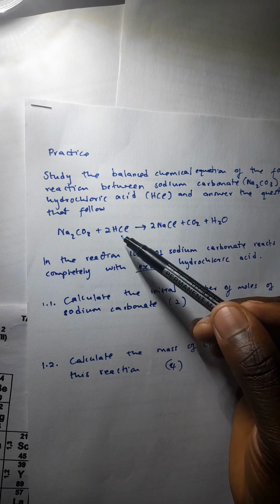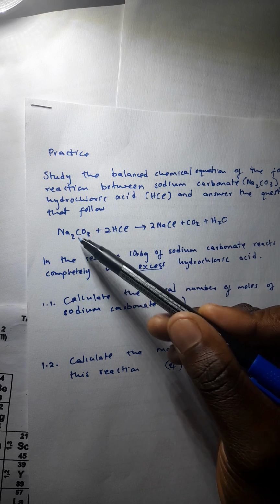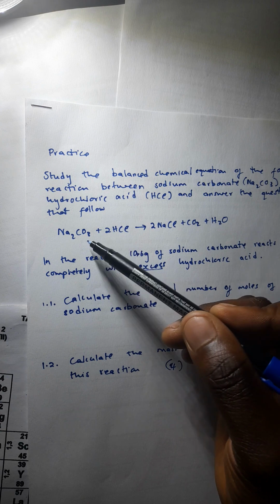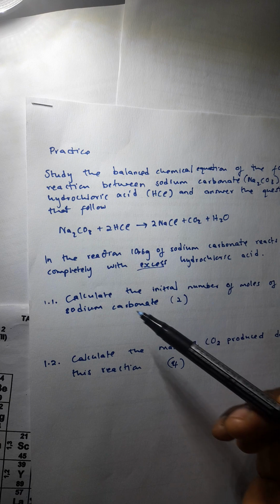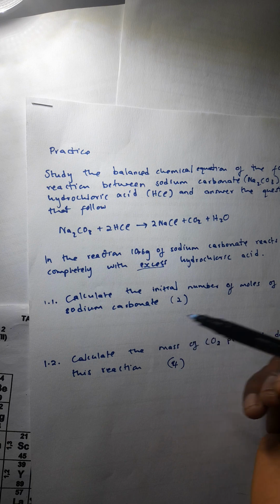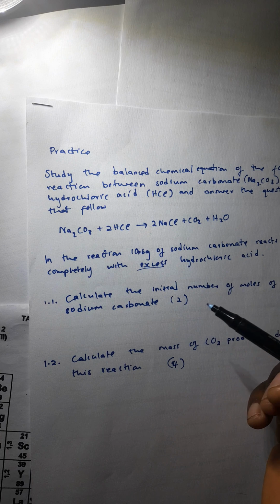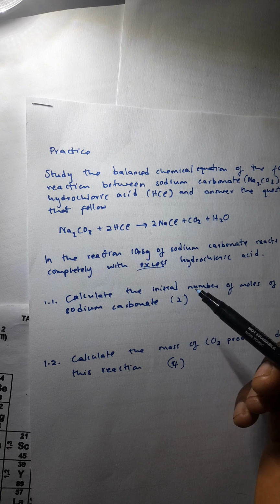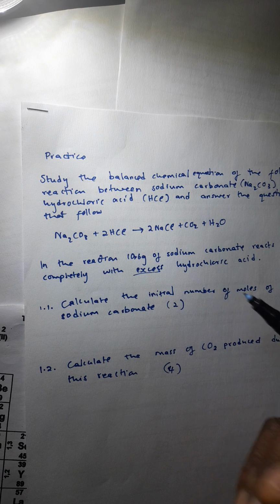Then the sodium carbonate is going to be your limiting reagent, so it limits the chemical reaction. Just like when you are baking bricks using sand, water and cement, and you find that you don't have enough water, water will limit you from baking the bricks. So we call it a limiting reagent, but we'll talk about that later on.